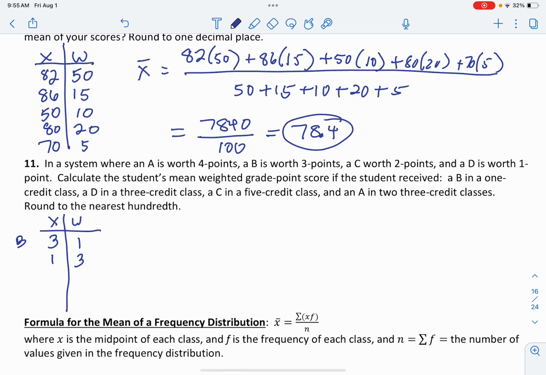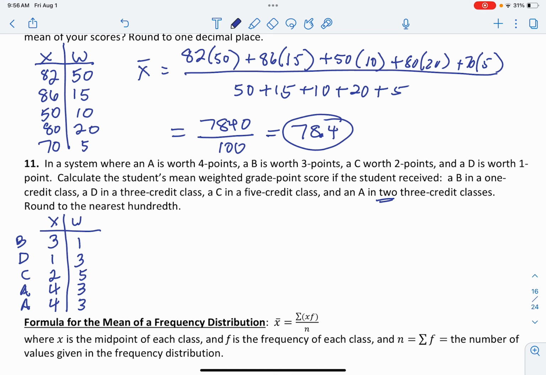So that's the B, that's the D. The C in a 5-credit class. C is worth 2 points, 5 credits. And then an A in, ooh, sneaky, A in 2 3-credit classes. So I gotta do that one twice. A is worth 4, and the weight is 3. But we had 2 of those classes. Right. So this was the report card. That's the breakdown.